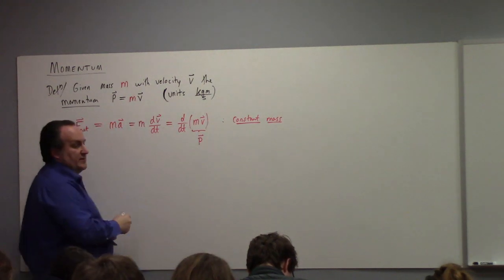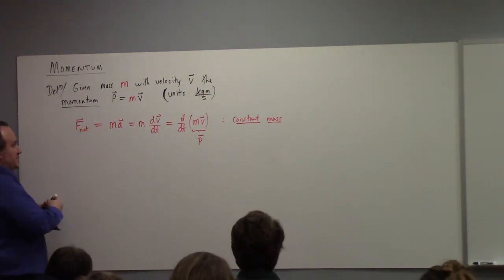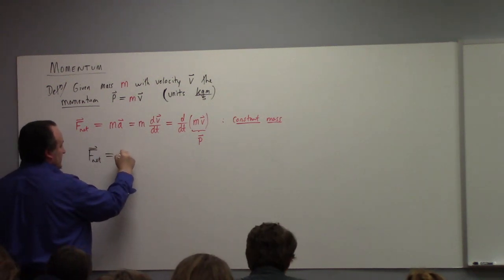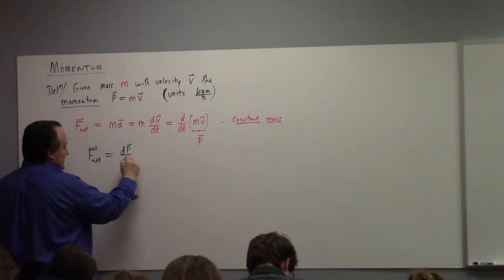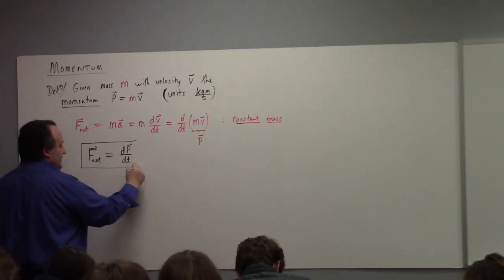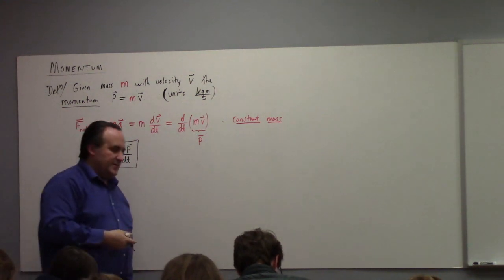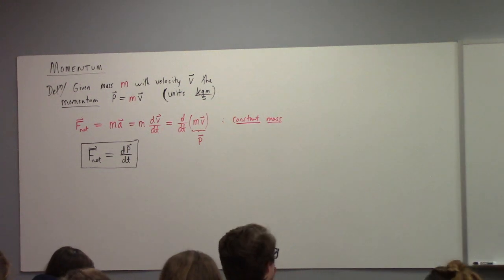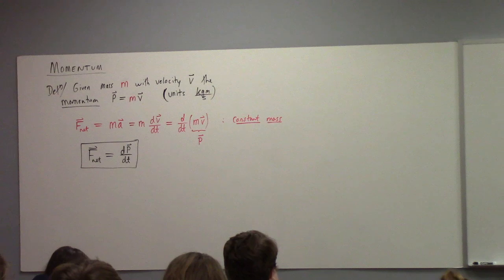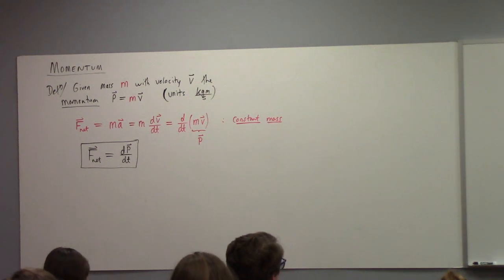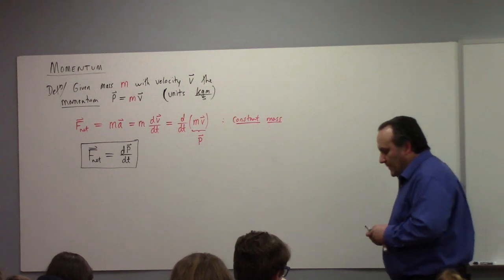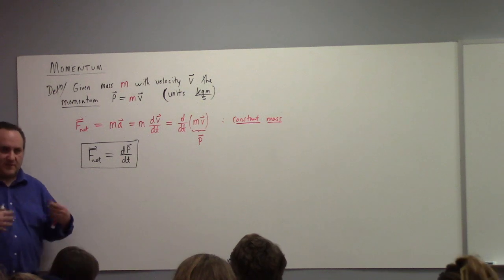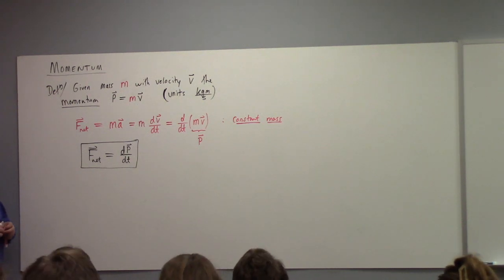So what we find then is that the net force is equal to, in fact, dp/dt. And so this right here actually turns out to, in some sense, be more foundational than F equals ma. Because it turns out that F equals dp/dt is the right approach to take to write down equations of motion if the mass happens to be variable. So I derived this formula in the constant mass case, but we'll see that this allows us to solve problems where the mass might be varying with time.